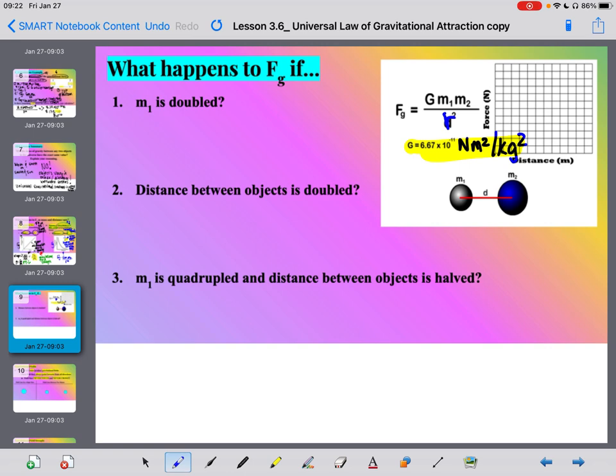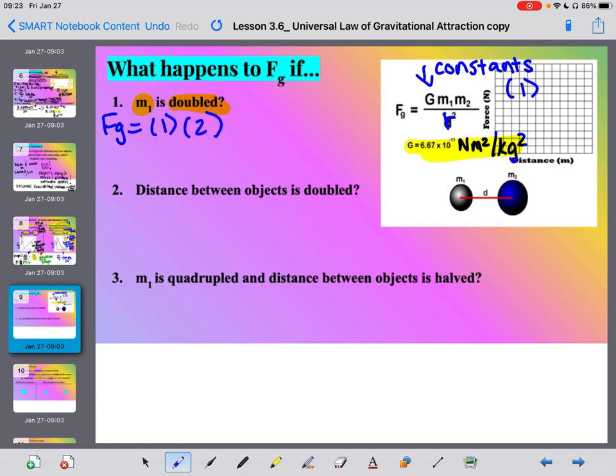So it says, if I double m1, I'm going to utilize this formula right here. G is a constant. Since constants don't change, you are always going to put it as the number 1. So Fg equals 1. They say m1 gets doubled, so I'm going to use the number 2.